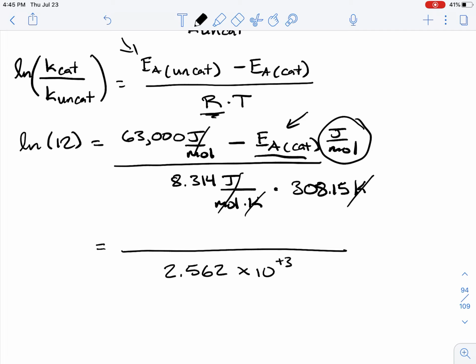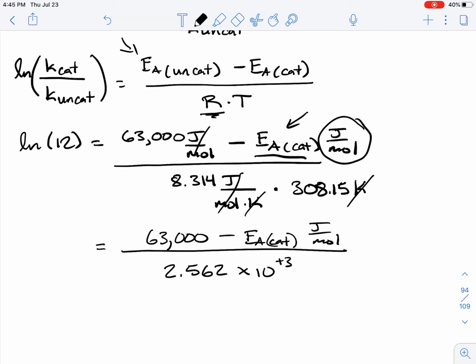And remember, I canceled a whole bunch of things out, so this number in the denominator becomes unitless. And then I still have that 63,000 over here, and then minus EA catalyzed. And we know that the unit is in joules per mole.